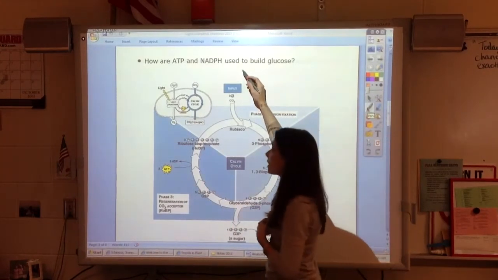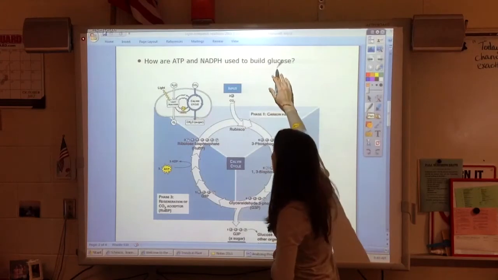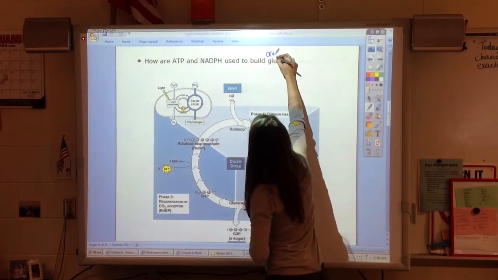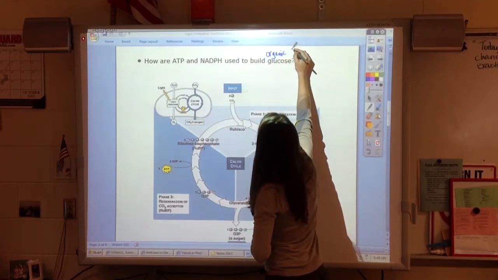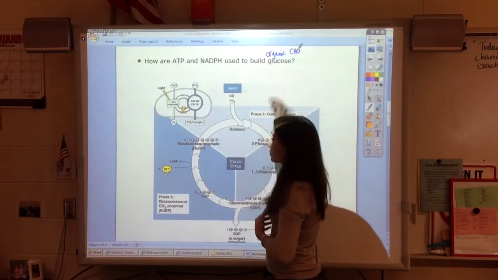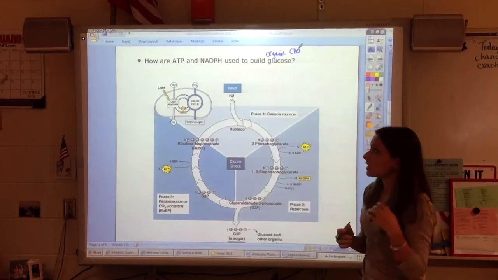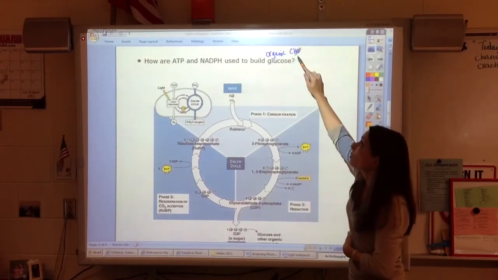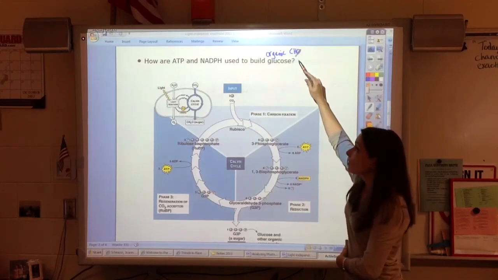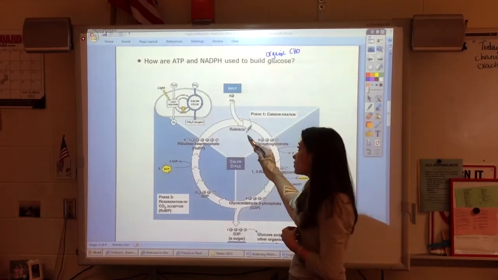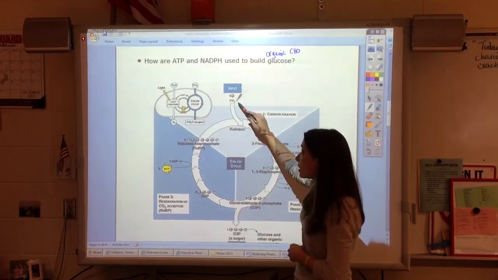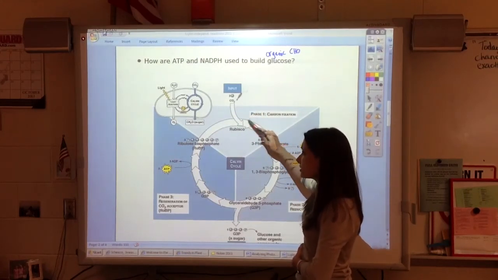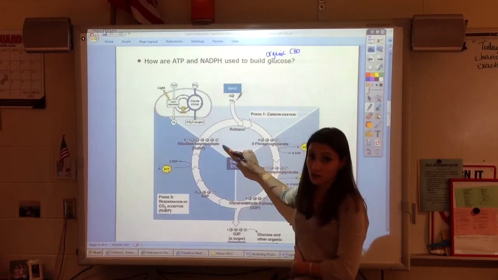So the question now, keeping in mind that we're trying to build glucose, an organic carbohydrate, is how do we use ATP and NADPH to build an organic molecule? What we're going to end up using is 3 carbon dioxides, and we're going to attach them to an intermediate.